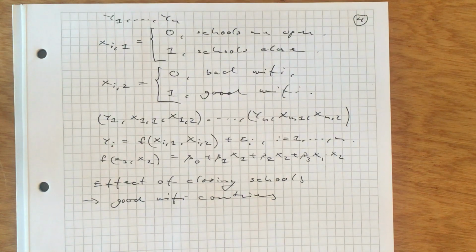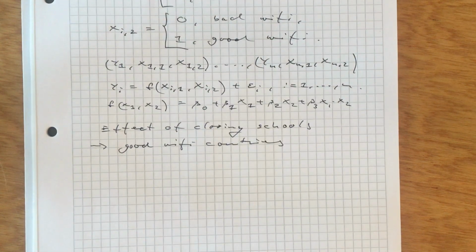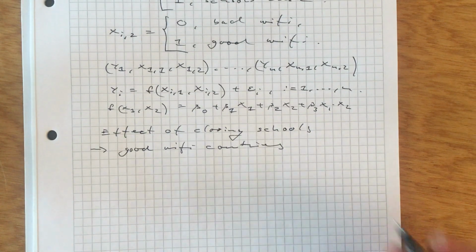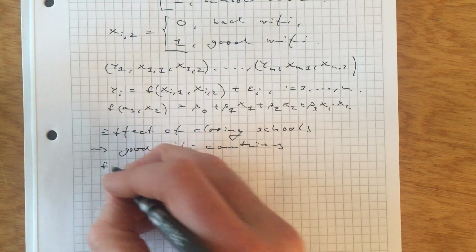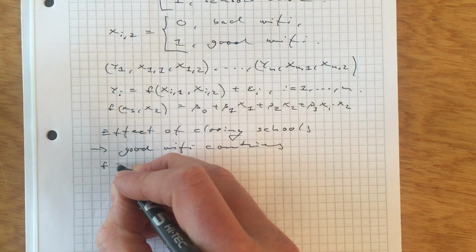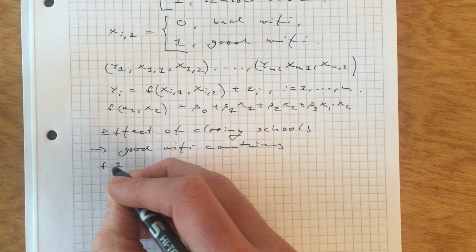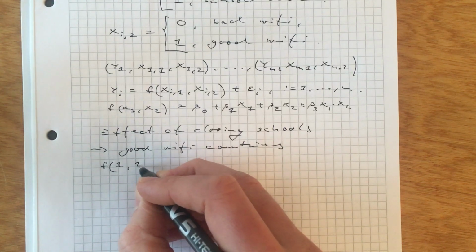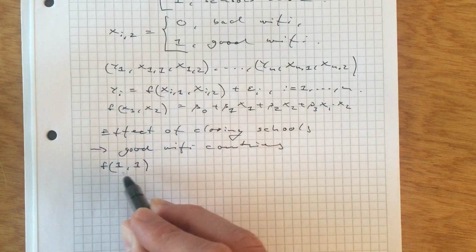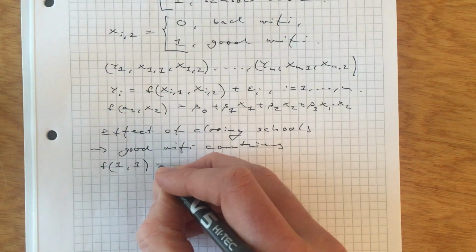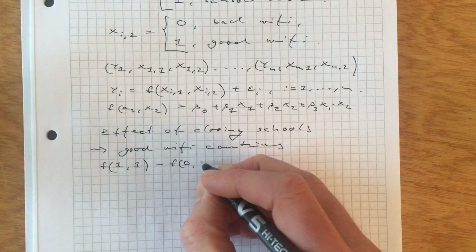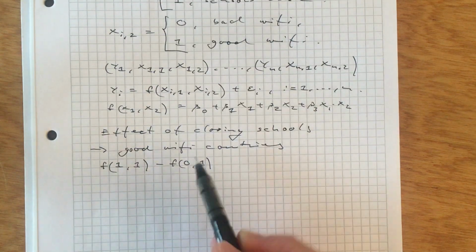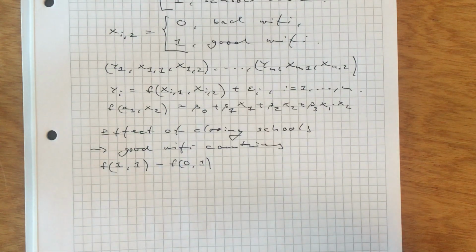So we'll start out by computing the effect for the good Wi-Fi countries, and then for the bad Wi-Fi countries. So that means that we look at a country where the schools are closed, so that's one, and it's a good Wi-Fi country, so the second argument is also one, and we compare that with a country where the schools are open, but it's also a good Wi-Fi country, so that takes the arguments 0, 1.